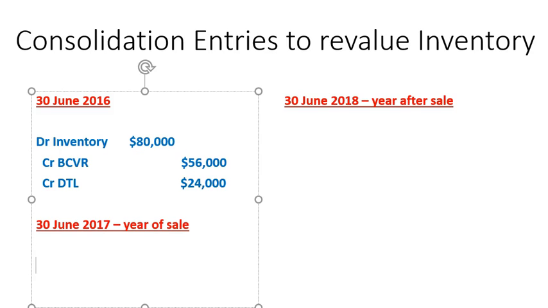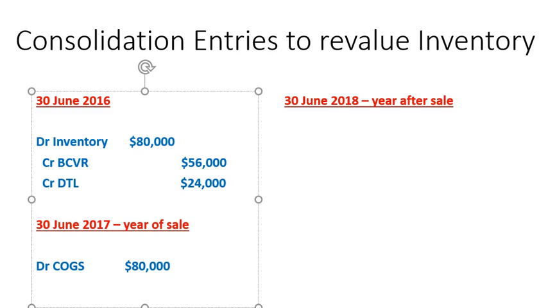So then in the year of sale, the entries are a little bit different. We know that our inventory asset on the balance sheet is recorded at cost. So the amount of the inventory asset is actually equal to the amount of the cost of goods sold. So in the year of sale, we need to debit the cost of goods sold by $80,000, because if the subsidiary sold all of their inventory, and we're assuming that in this example, then they would only have recorded COGS of $70,000, which is equal to the carrying amount of inventory on their balance sheet.